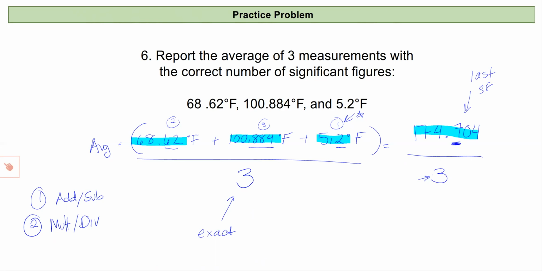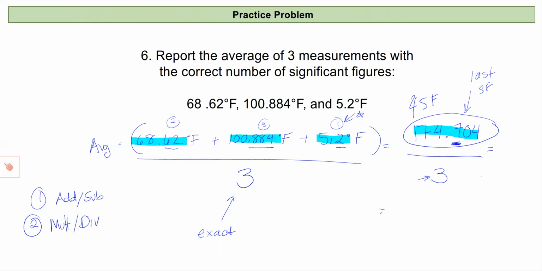So I will still use the least number of significant figures of my inexact numbers when I report my answer, but I will not take the exact number into account. So my least number of significant figures is going to come from this number right here. I'll have 4 significant figures that I can report.